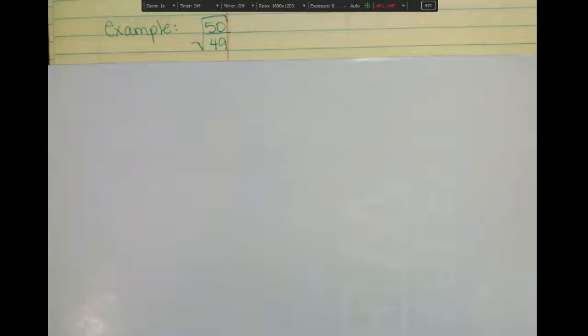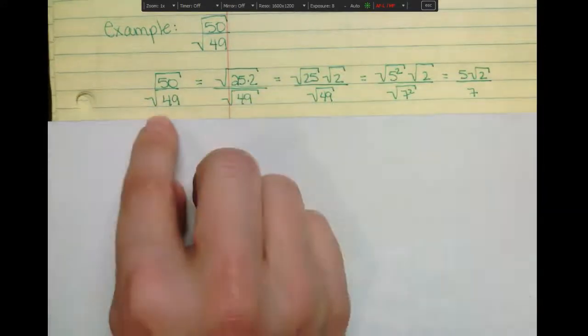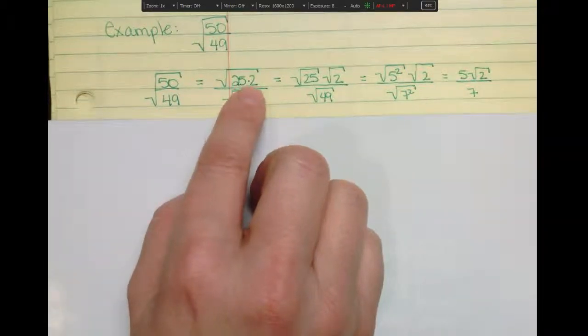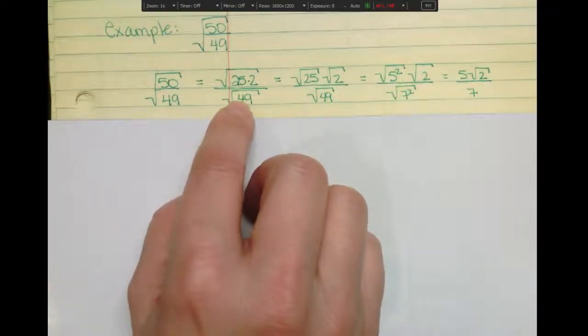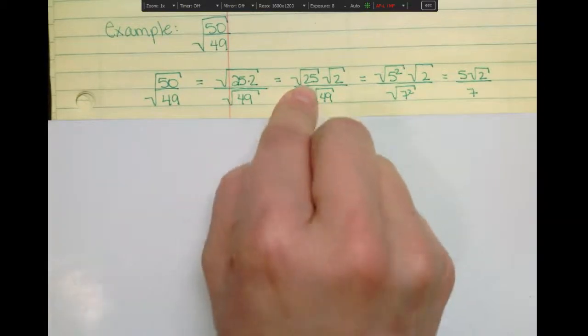Let's do another example, the square root of 50 over 49. Using property 2, we're going to break it apart. So I now have the square root of 50, which is really 25 times 2, all over the square root of 49. The square root of 25 times 2, I can break apart using my property 1.